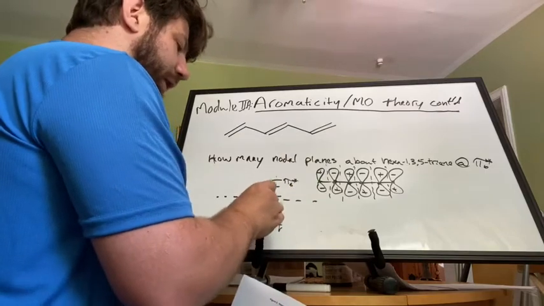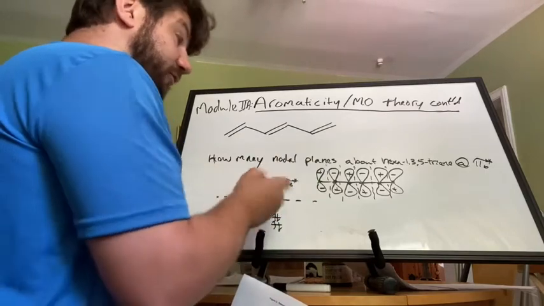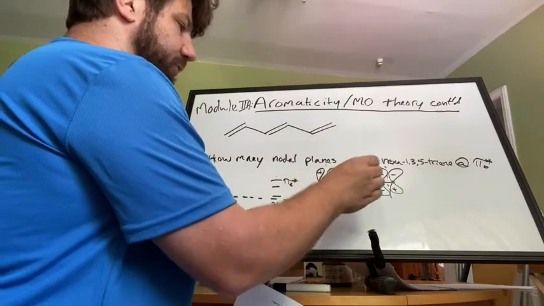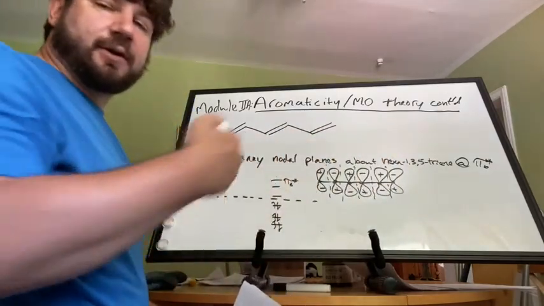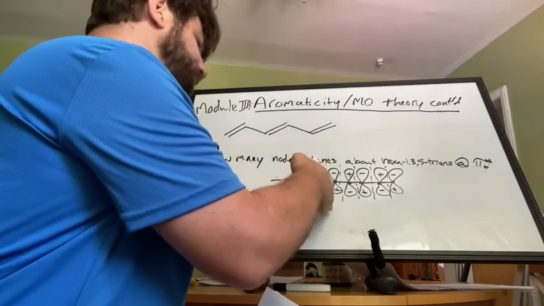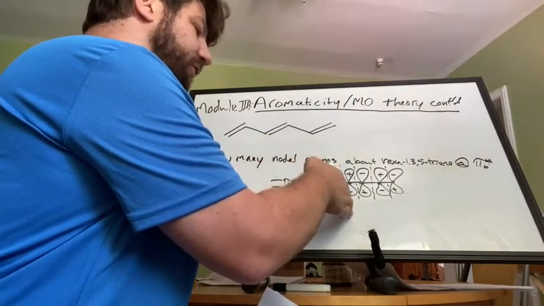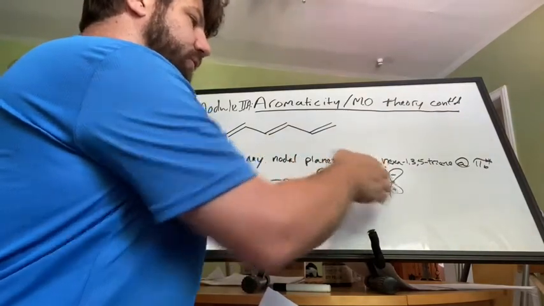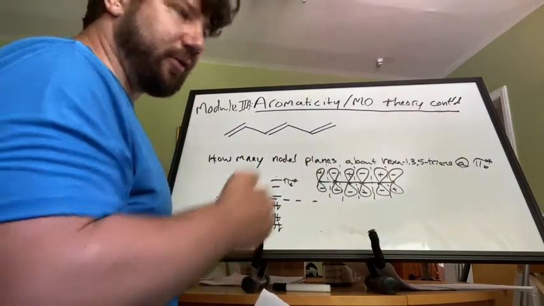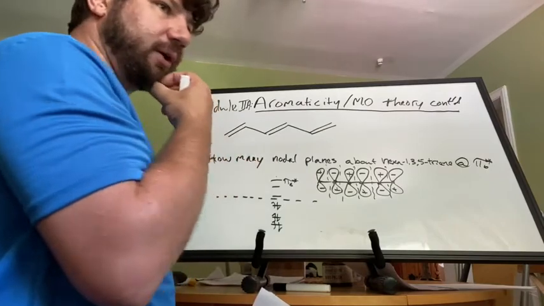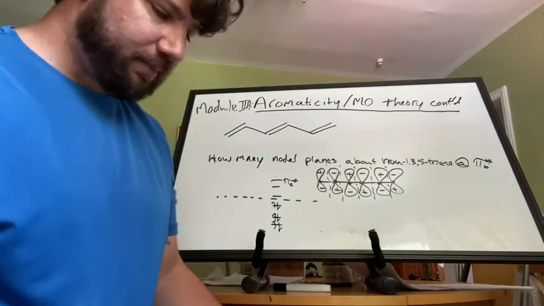So it'll go 1, 2, 3, 4, 5. Again, everything's symmetrical from left to right, and you're going to have destructive interference between each particular nucleus. In other words, a perpendicular nodal plane between each one. Okay.